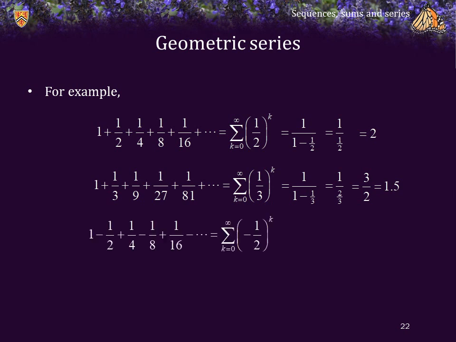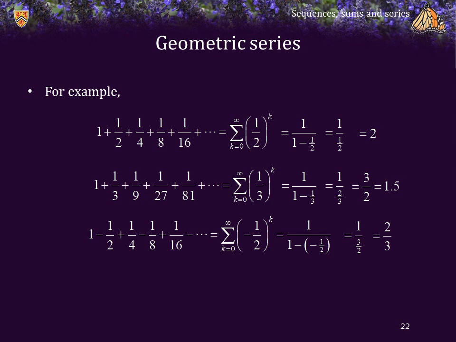Similarly, you can have a common ratio that is negative, but still less than 1 in absolute value, such as -1/2. So we have 1 minus a half plus a quarter minus an eighth plus a 16th, and so on and so forth. Well, that's just 1 over 1 minus the common ratio, which is -1/2, so that's 1 over 1 plus a half, which is 1 over 3/2, which is 2/3.